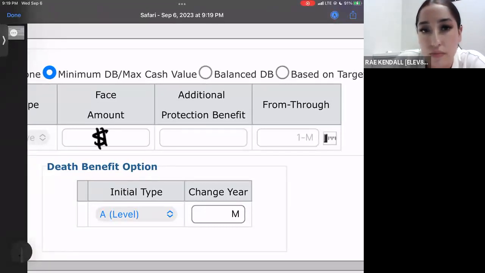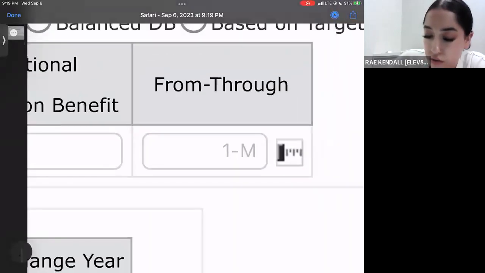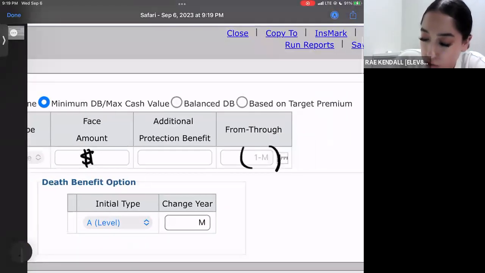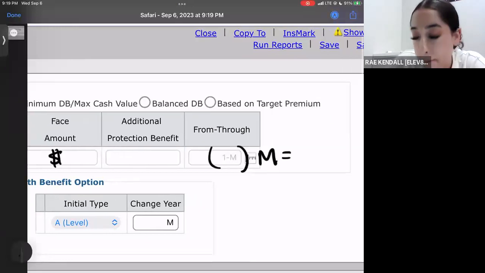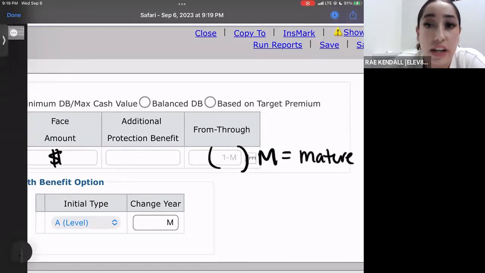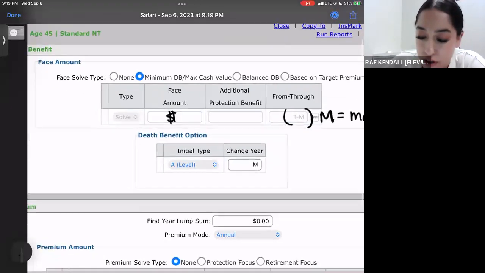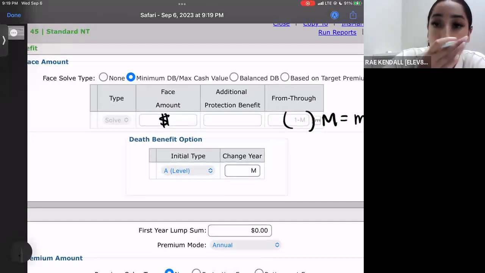You don't have to fill it in. From 1 through M. Who knows what M is in this example? M stands for maturity. So when it matures, meaning for the whole policy. So you can have coverage from year 1 to the maturity of the policy, meaning 121.